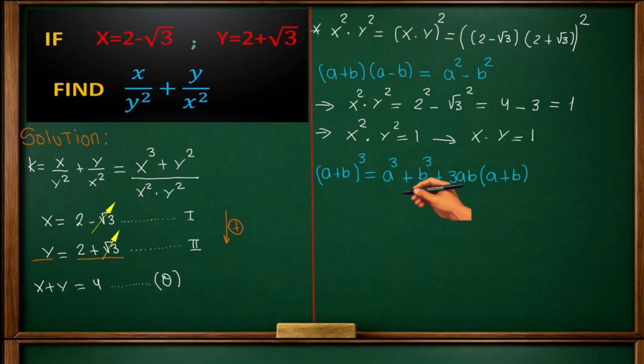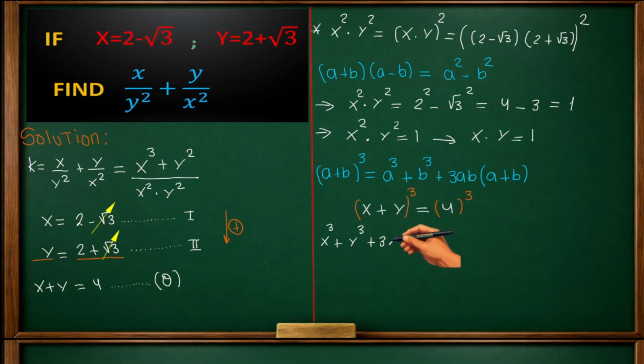Equation theta: x plus y equals 4. We cube the theta equation. x plus y to the cube is x to the cube plus y to the cube plus 3 times x times y times x plus y, equal to 4 to the cube, 64.